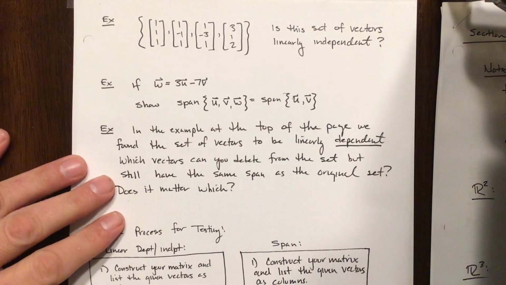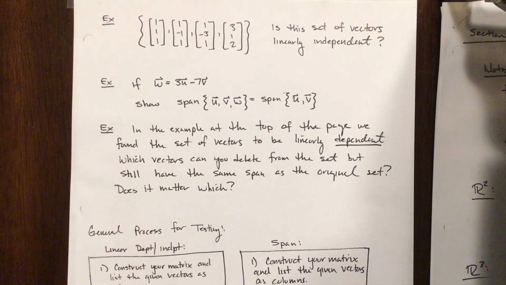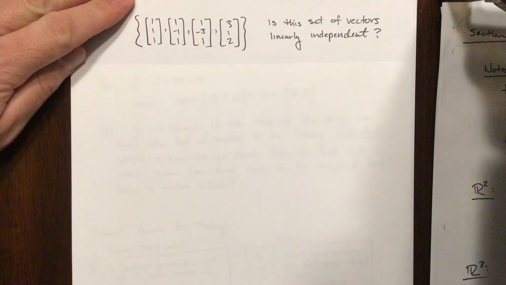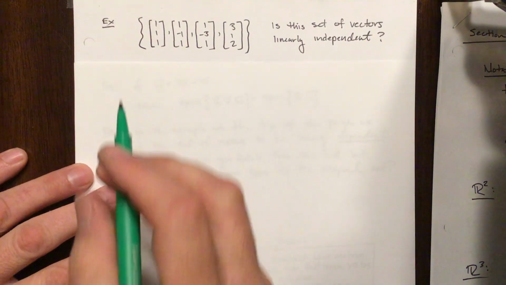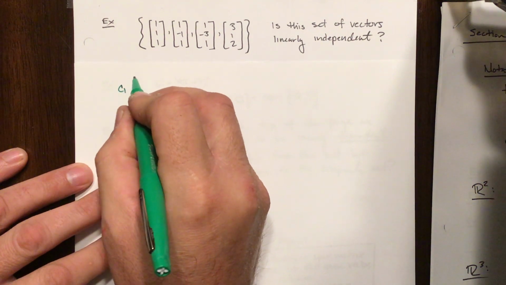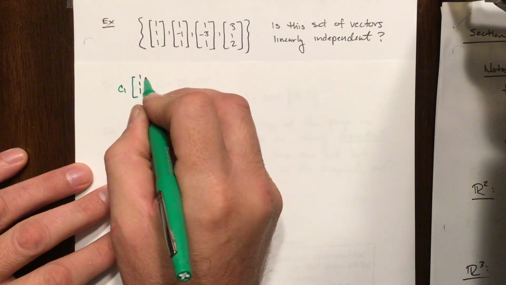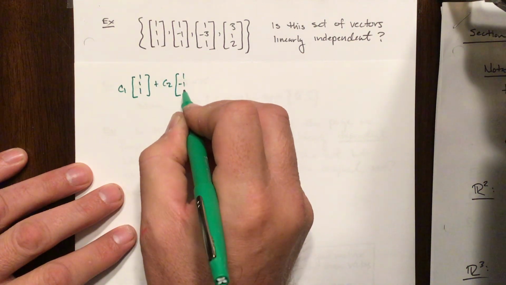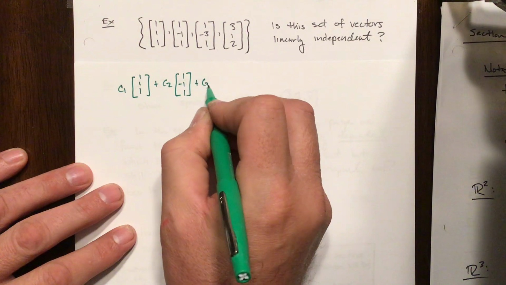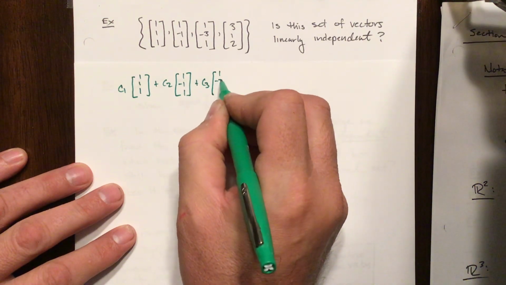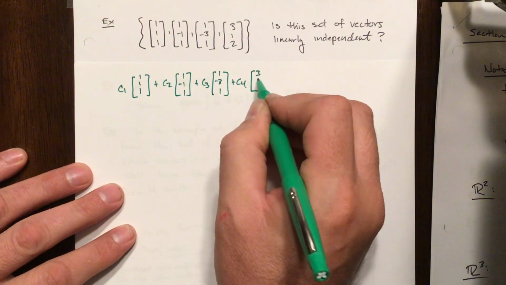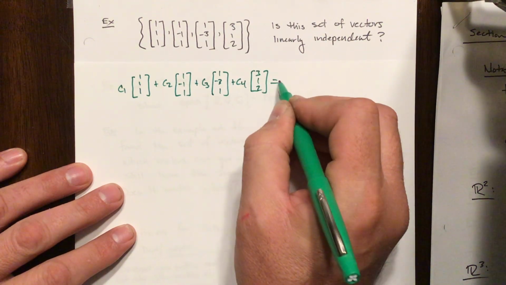So let's look at an example. You have this set of vectors, and you're asked, is this set of vectors linearly independent? So what are you being asked? C1 times (1, 1, 1) plus C2 times (1, -1, 1) plus C3 times (1, -3, 1) plus C4 times (3, 1, 2) equals 0.